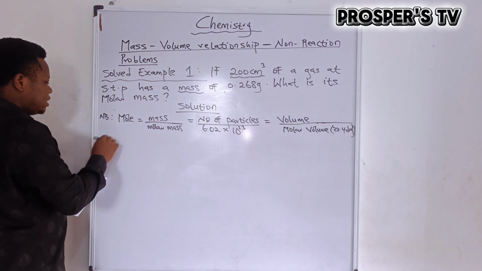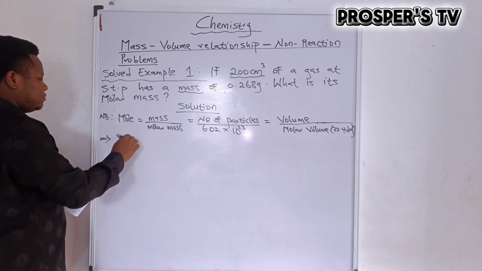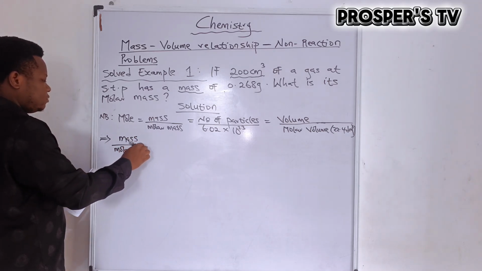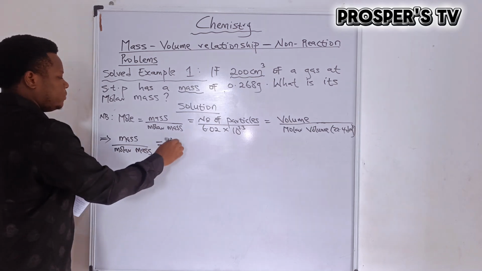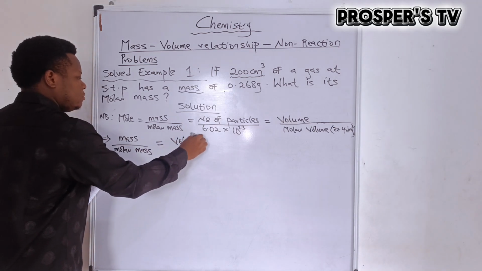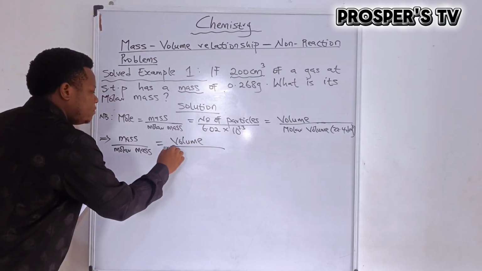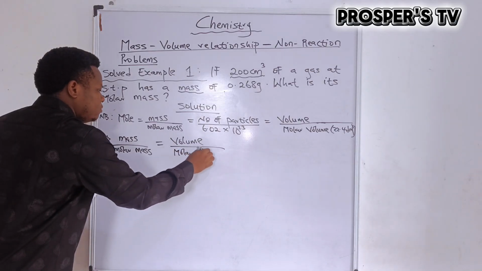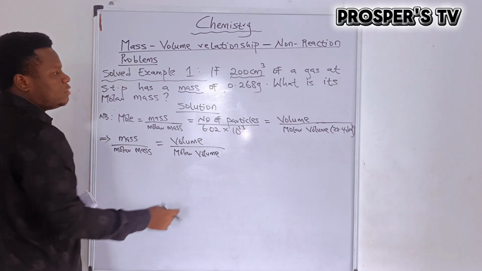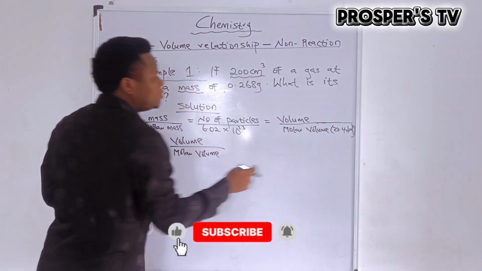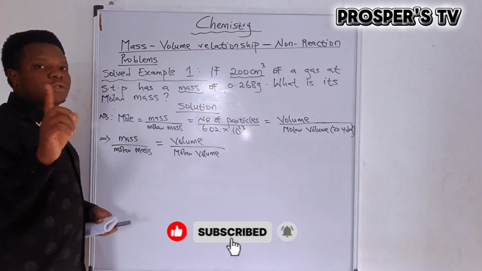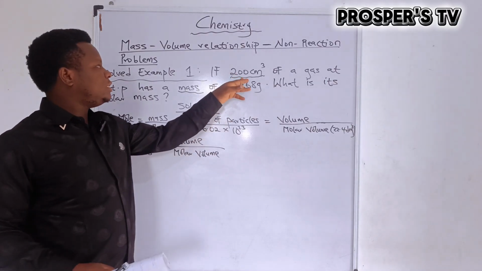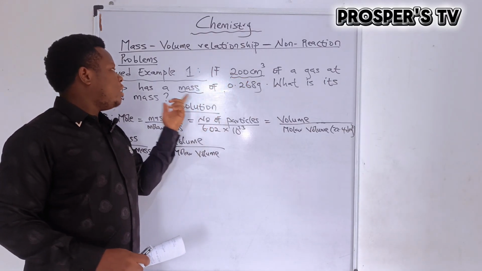The formula we use now becomes mass over molar mass equal to volume over molar volume. So remember, the molar volume can be 22.4 dm cube. It can also be 22,400 cm cube. Which of them I would use in my calculation is dependent on the units given.